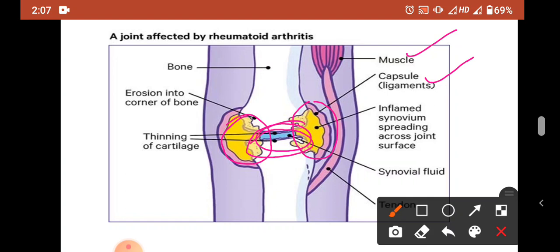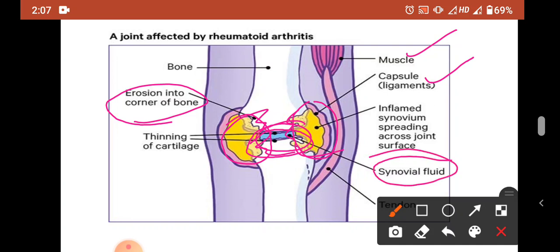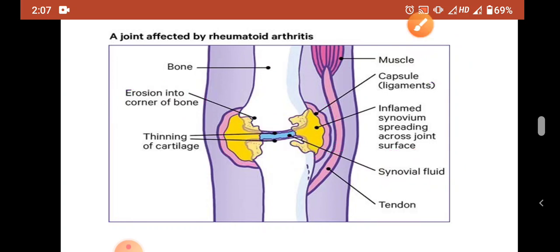And one of the main factors is erosion of the bone. So you can see here like this, the erosion of the bone, and the synovial fluid is also increasing here, which in turn leads to swelling in the joint. So this is the description of a joint affected by rheumatoid arthritis.